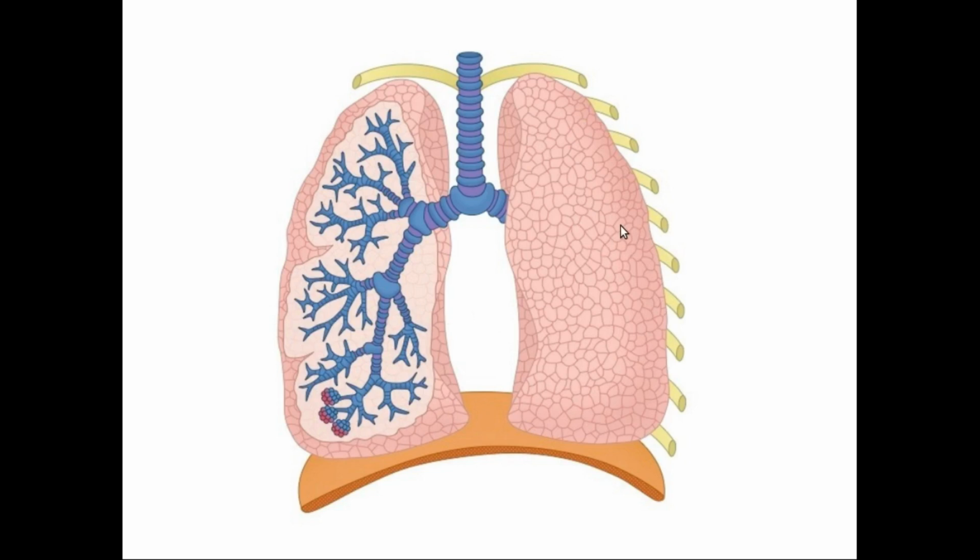The second structure is the diaphragm. The diaphragm is a dome-shaped muscle located just below the lungs and heart. It contracts continuously as you breathe in and out. The diaphragm is a muscle crucial for breathing.